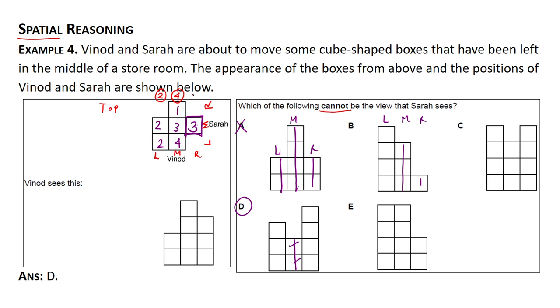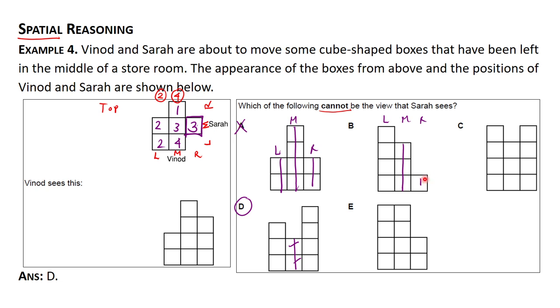Okay, let's check if we satisfy all the requirements. On the left of Vinod, the maximum is 2, so that's okay. Middle of Vinod, the maximum is 4, that's okay. And on the right, we have 3. From Sarah's perspective, on the left, we have 4. That's correct because the maximum is 4. In the middle, we have 3. The maximum is 3. That's correct from Sarah's perspective.